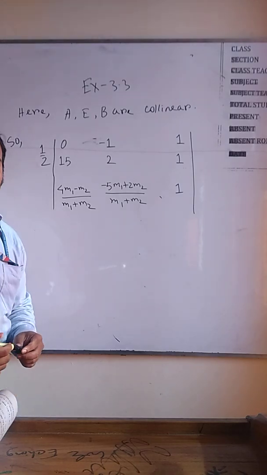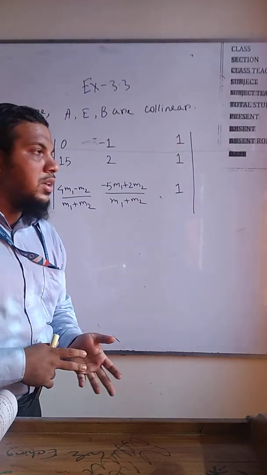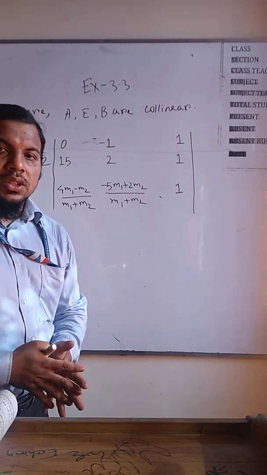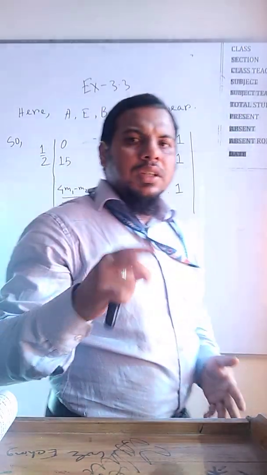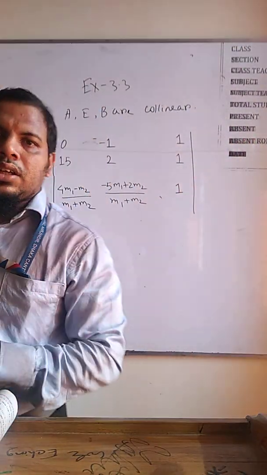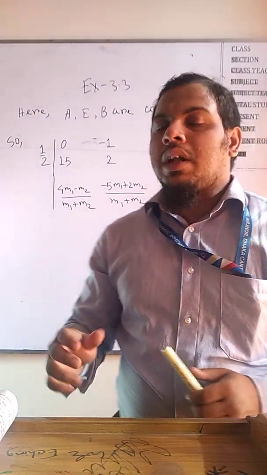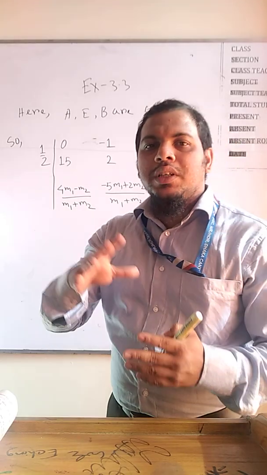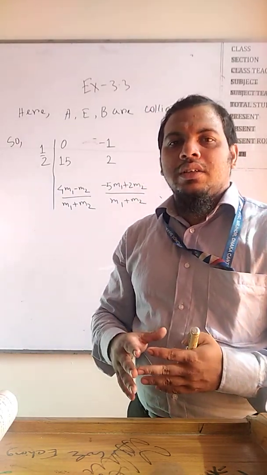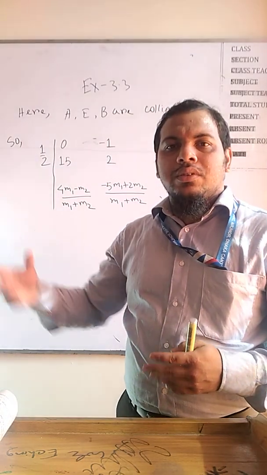Okay, now we will try to make a row operation or column operation which will make our calculation easier. Our target is fixed: we have to minimize our calculation, but our steps could be different.